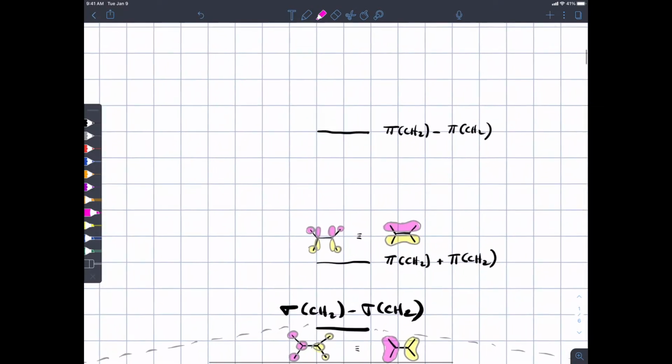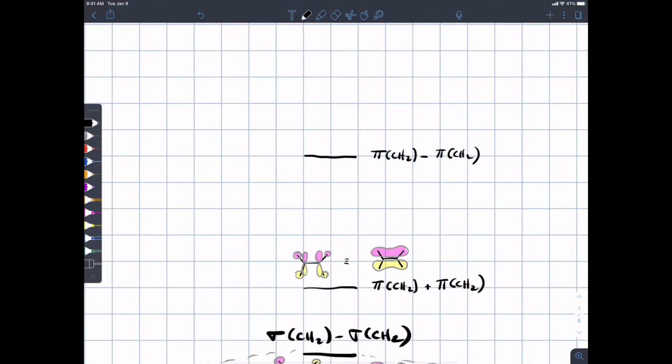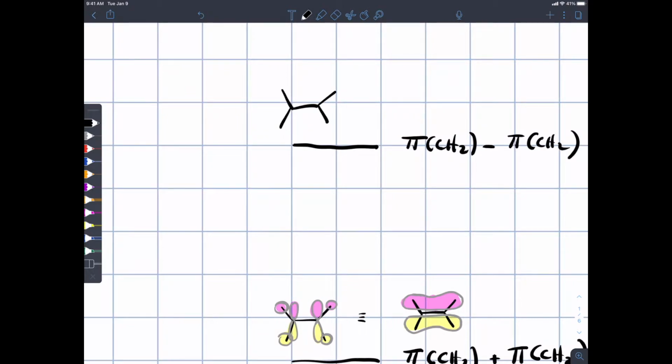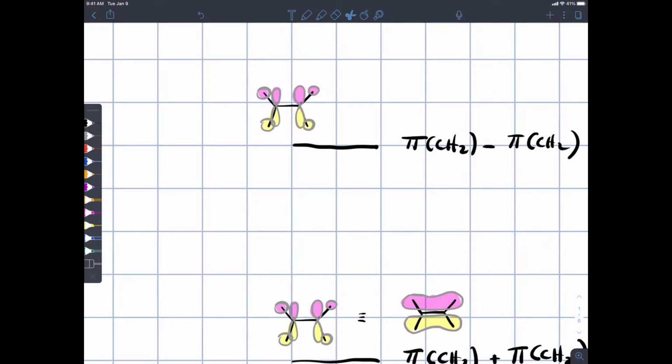All right. The out of phase combination, or the minus combination of the pi CH2 orbitals is going to be very similar. It's going to look exactly the same, only there's going to be a phase change or a node in between the two carbon nuclei.